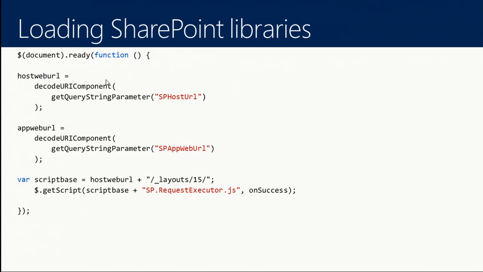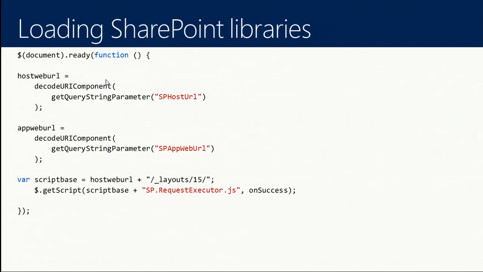So let's make sure we get our terminology straight. App web refers to the web that is hosting your app. Host web refers to the web that is the parent of your app web, okay? And it is the host web URL that we're going to be reaching back into in order to get the library that we're interested in.